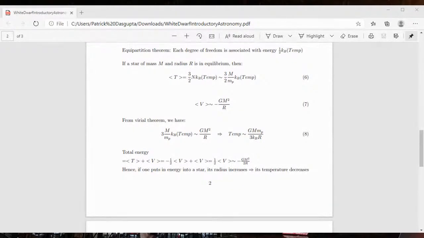So for an isolated black hole, you can't apply the standard virial theorem.